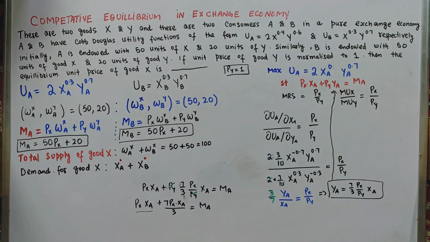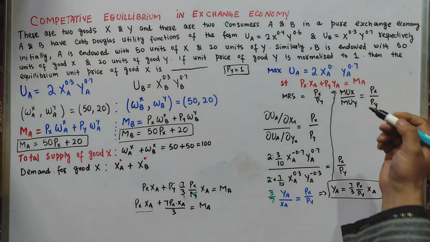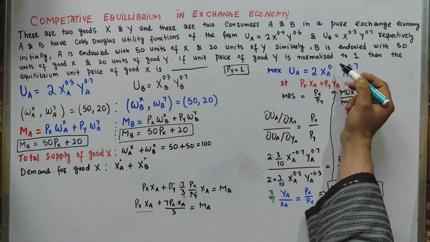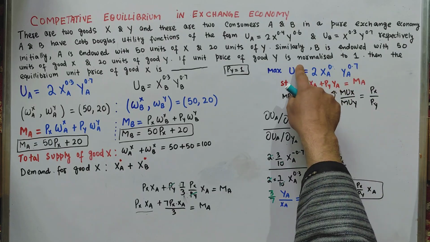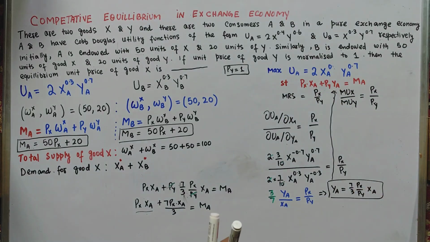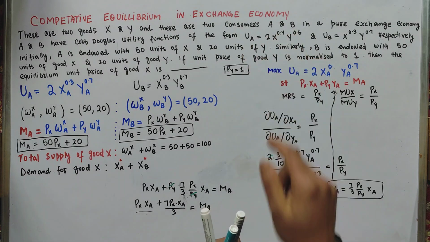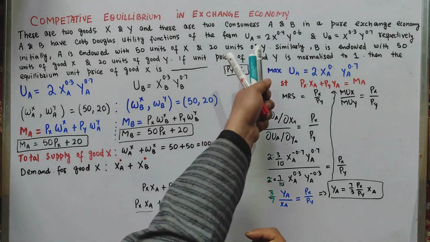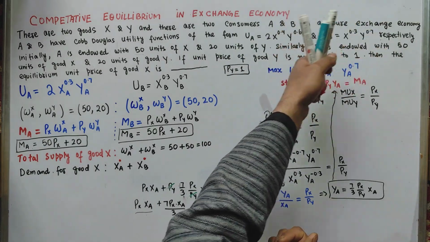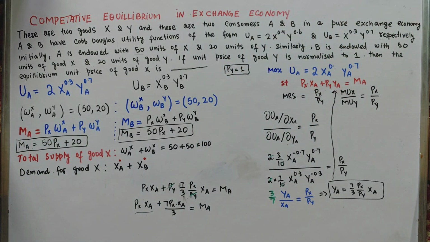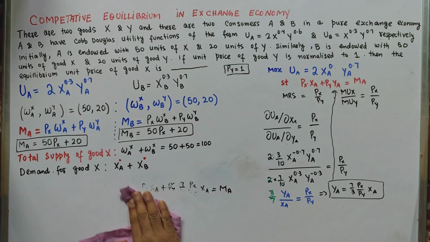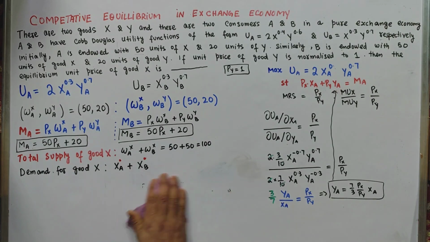We have to solve for consumer A here first. Sorry, okay, no problem. Then I have to change all the subscripts here. Because the utility function for person A was this, and I have written this very stuff, so I have to do it again. Okay, sorry for this mistake.